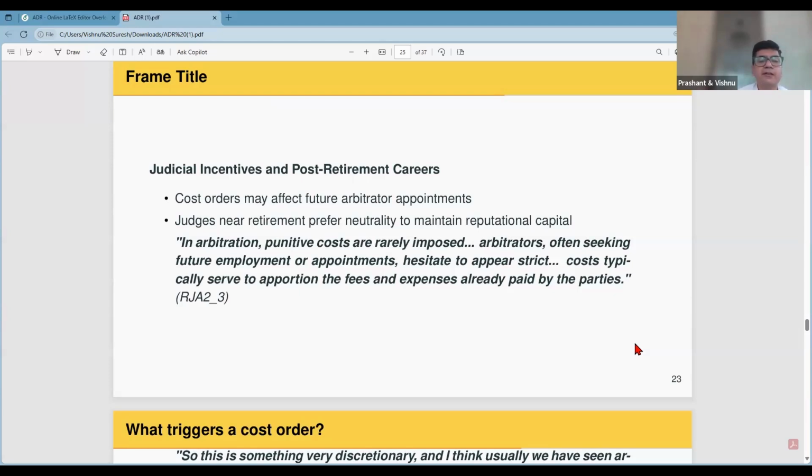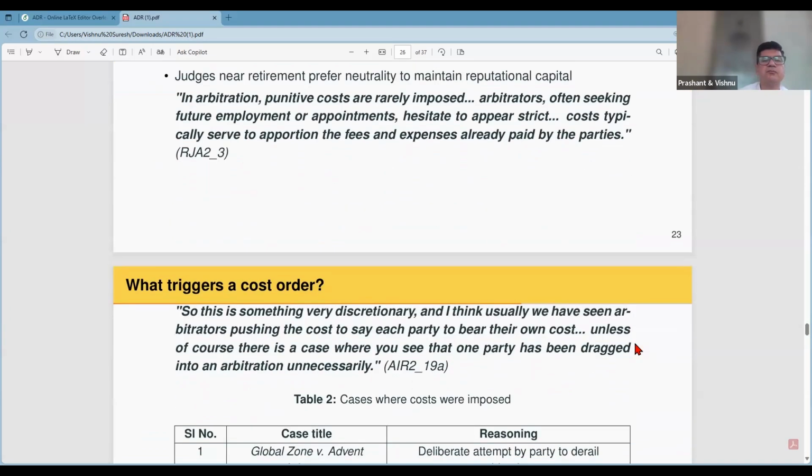So here is another retired judge who said, punitive costs are rarely imposed, and arbitrators often seeking future employment or appointments hesitate to appear strict. This is also true for arbitrators, because arbitrators also thrive on repeat appointments. And so they don't want to appear to be very strict to parties.